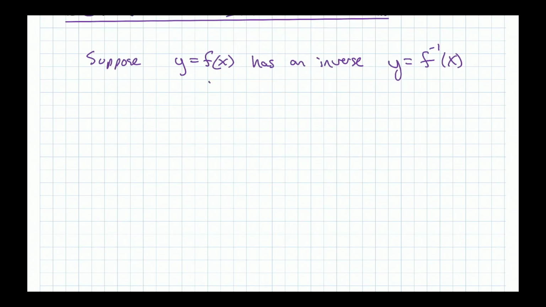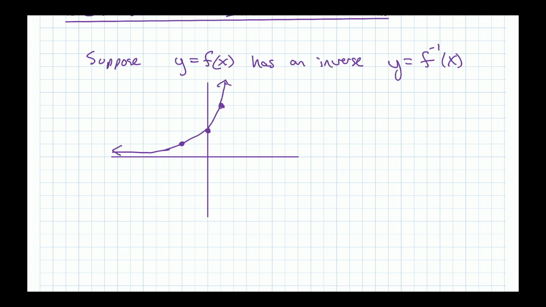These are just random functions that happen to have inverses, not any particular functions. I'm going to put a couple points on here.